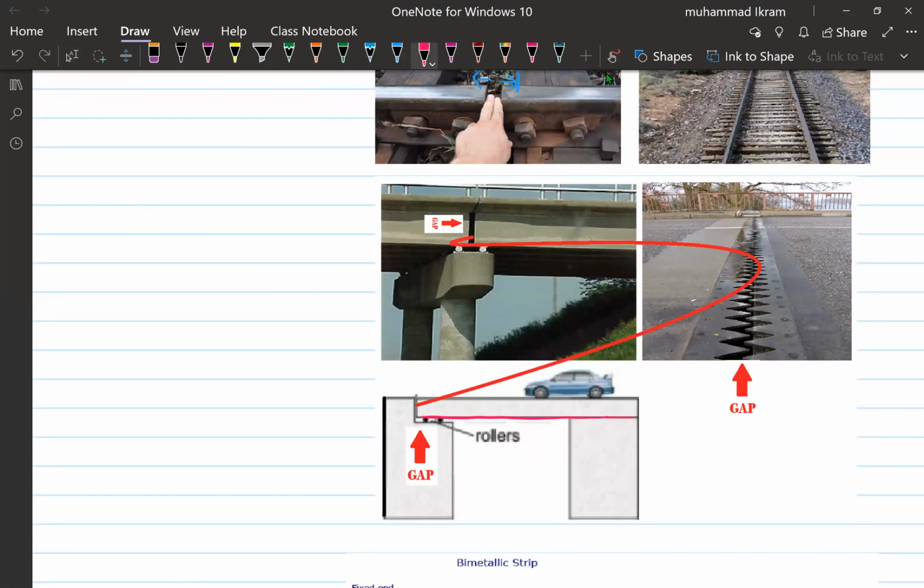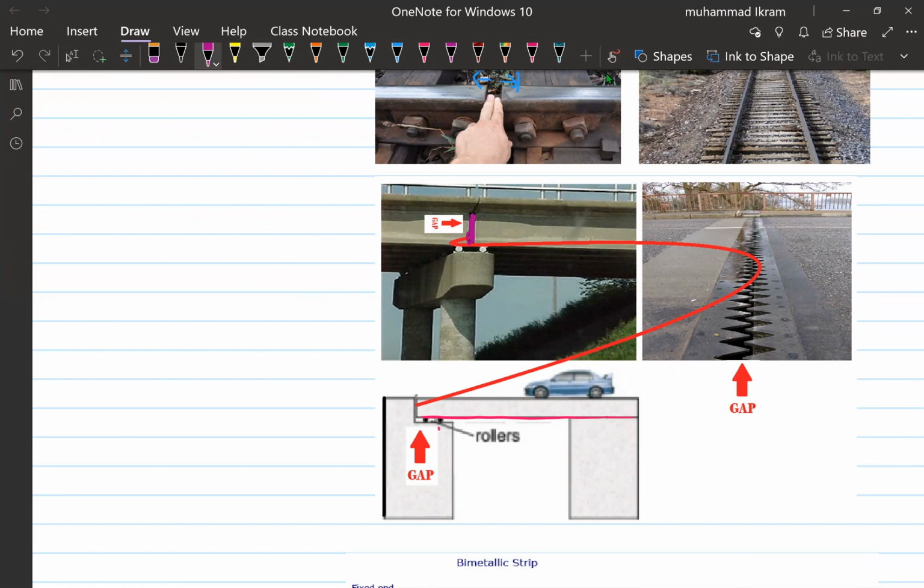Here the one end is placed on the rollers, and there you see the gap. Here is the magnified view of the gap. So this gap is left. So when the concrete girder expands on a hot summer day, it may find place for its expansion and wouldn't exert tremendous pressure on the poles of the bridge, and in this way it will be kept safe, right?